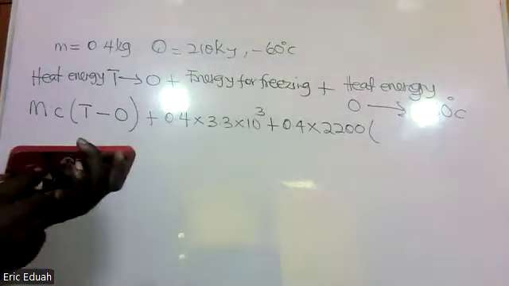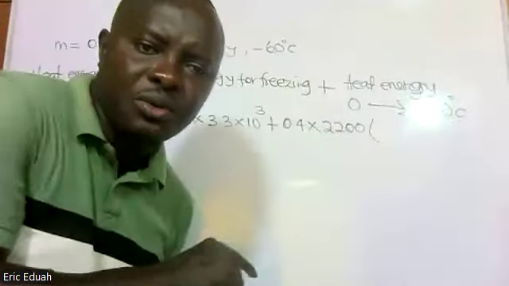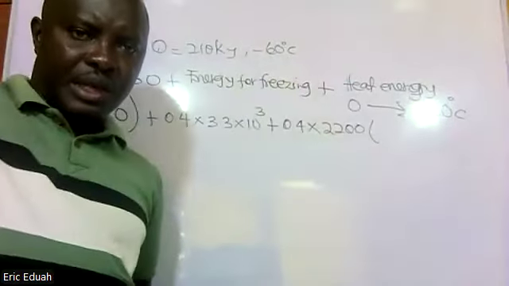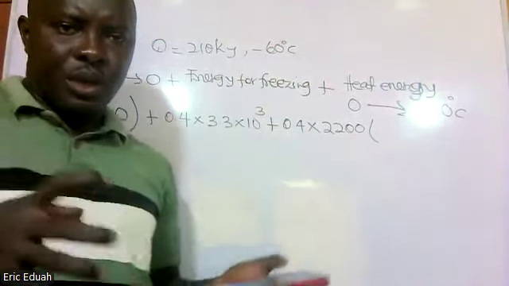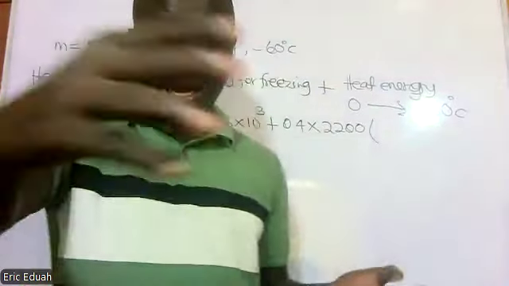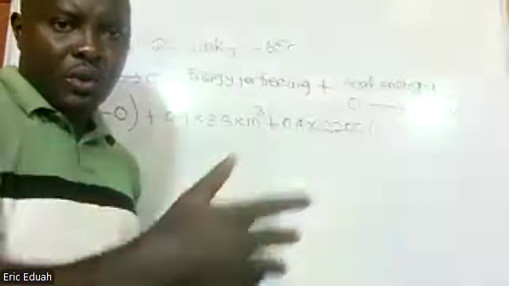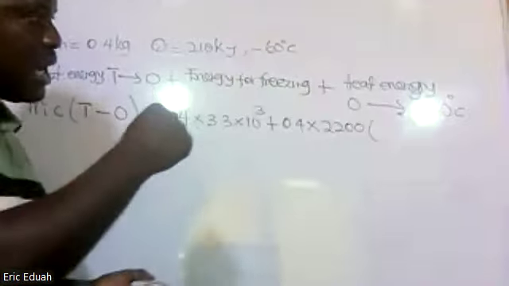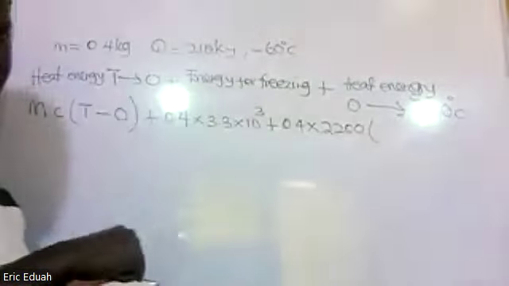Please note here that this is cooling. In cooling, the initial will be greater than the final. In heating, the final will be greater, because you are gaining; this will lose, this will gain. So we expect the transfer to be final minus initial.